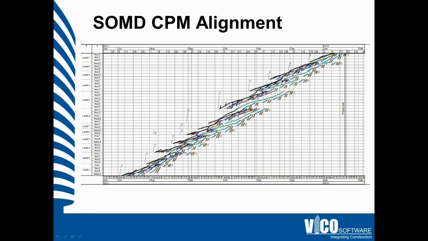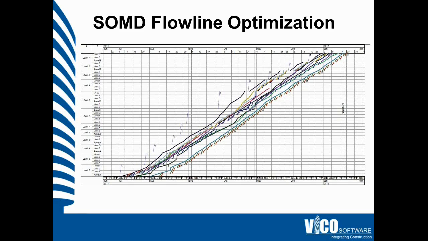So after going through the process of replicating the CPM schedule, we then applied our location-based methodologies to the schedule to produce an optimized version, which looks like this. Much more continuous work, unified or uniform crew sizes, and we were still able to achieve the same end date that we would have otherwise in the CPM schedule.